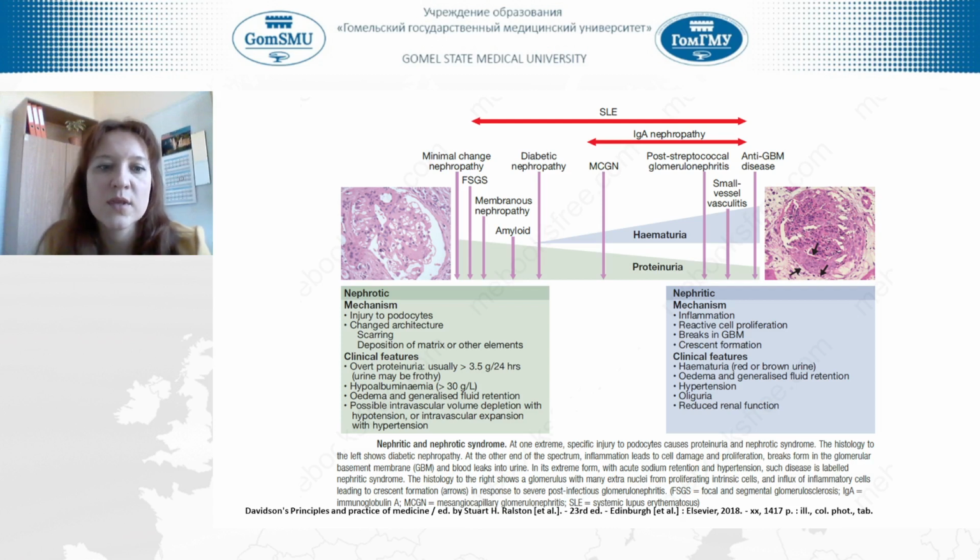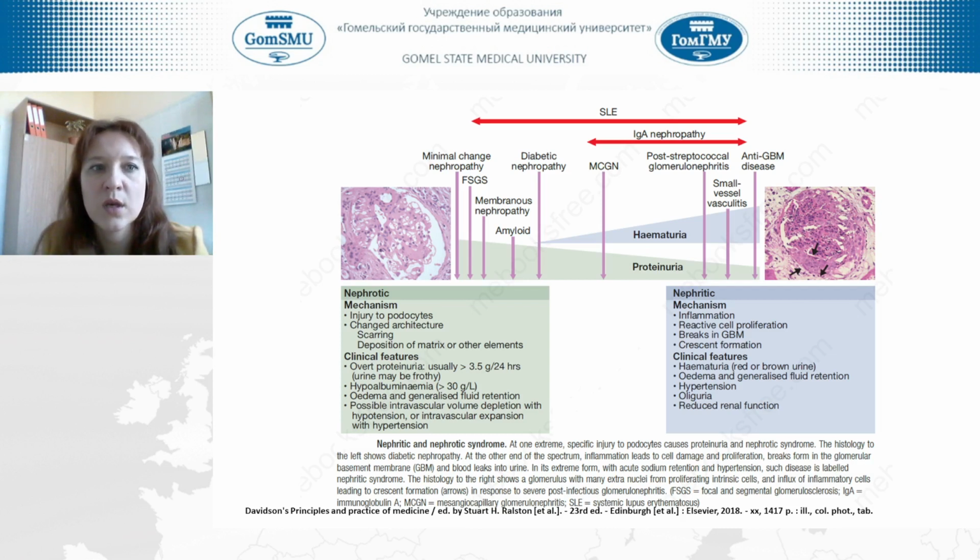It can be mesangiocapillary glomerulonephritis, post-streptococcal glomerulonephritis, small vessel vasculitis, anti-GBM disease. Characteristic for both proteinuria and hematuria can be SLE, lupus erythematosus. Hematuria reasons can be IgA nephropathy and the diseases I said before.